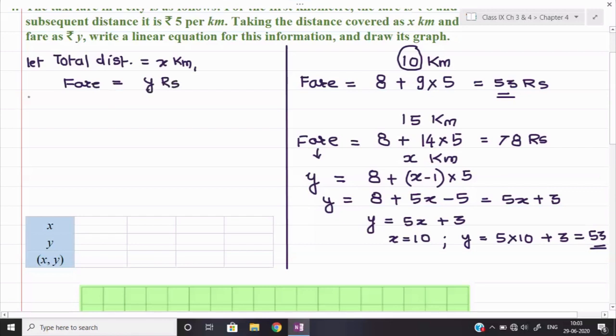Then according to the condition, what condition have we been given?